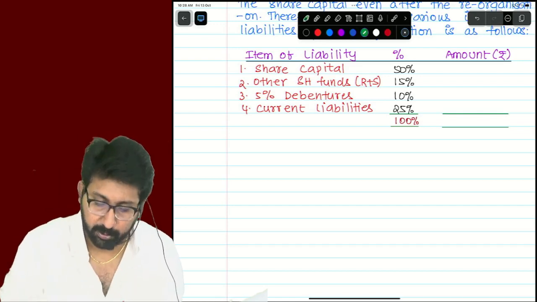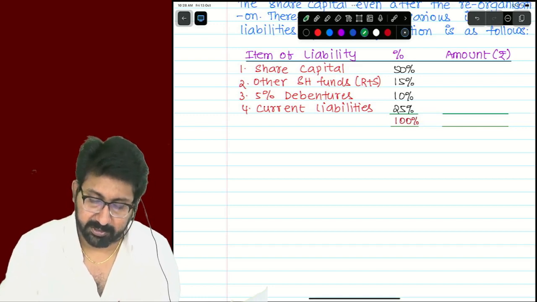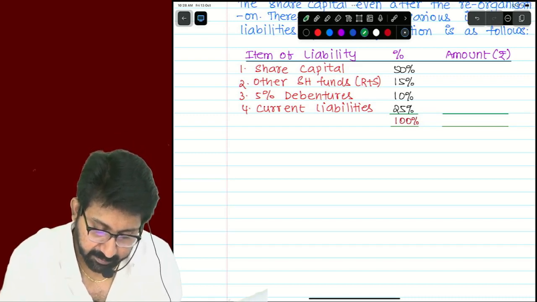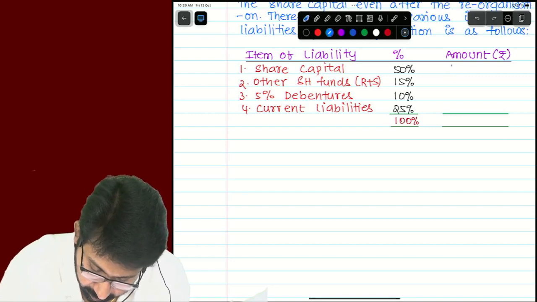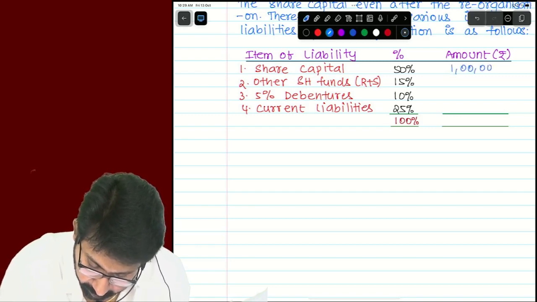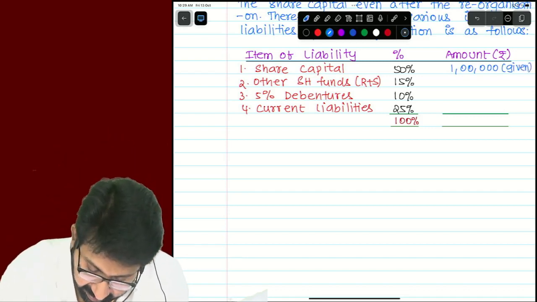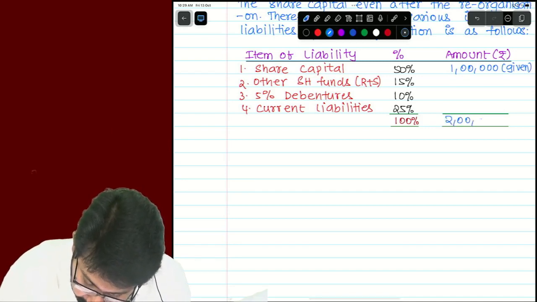Now you people should tell. So tell me, 2 lakhs is okay, but how you got that is important. Share capital is the same as before. Brackets are given. If this is 1 lakh, 100% will become how much? 2 lakhs.